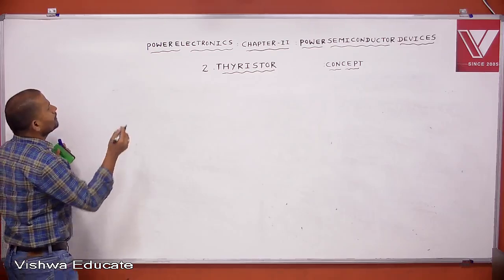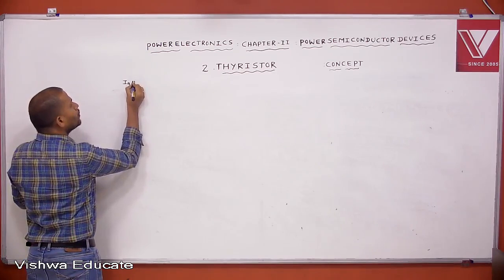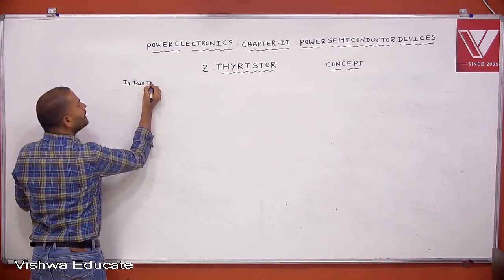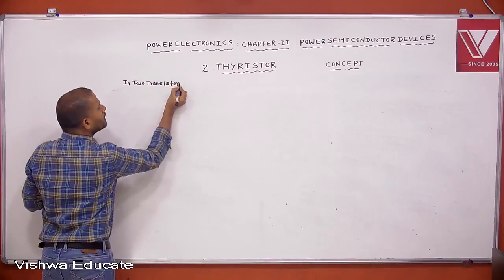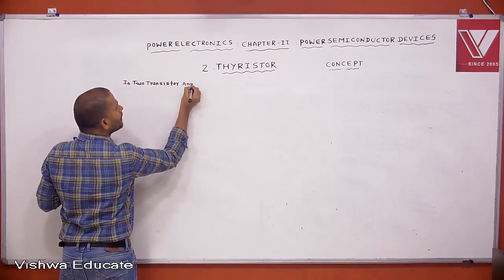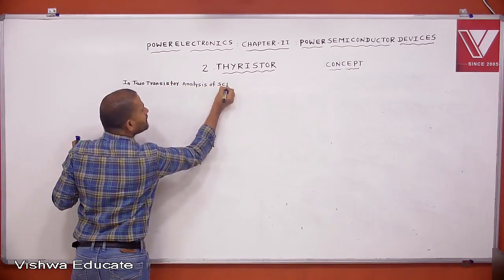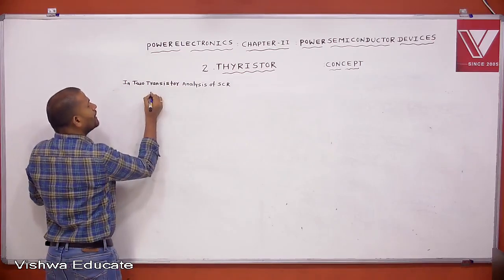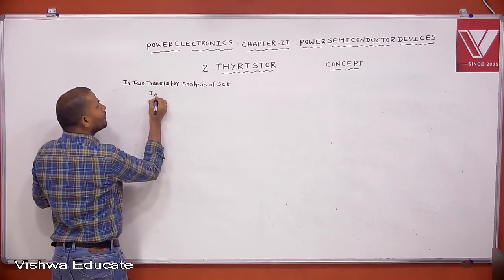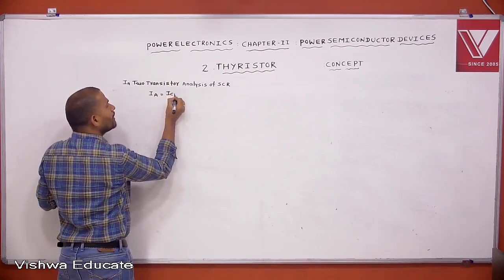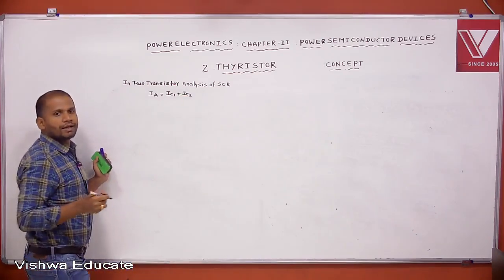That means in two transistor analysis of SCR, finally, what is the observation? One equation is IA equals IC1 plus IC2. Anode current is equal to the sum of the two collector currents.